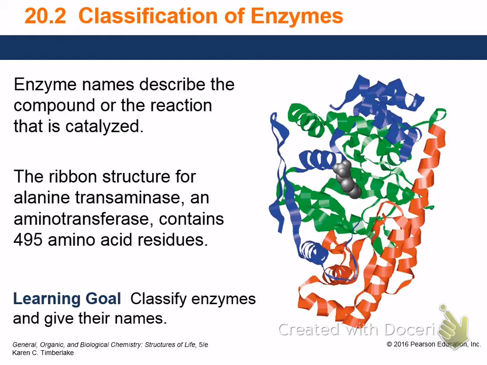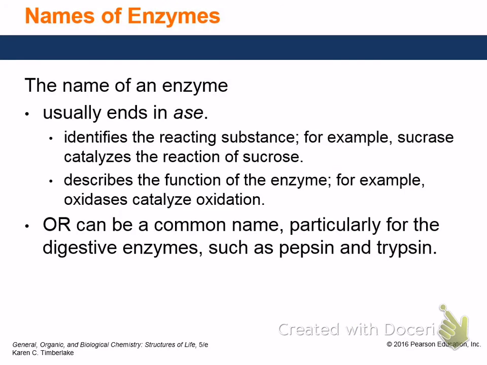So that's an example of the name being a composition of the molecule it works with and the type of reaction that it does. Most of the enzymes end in -ase.